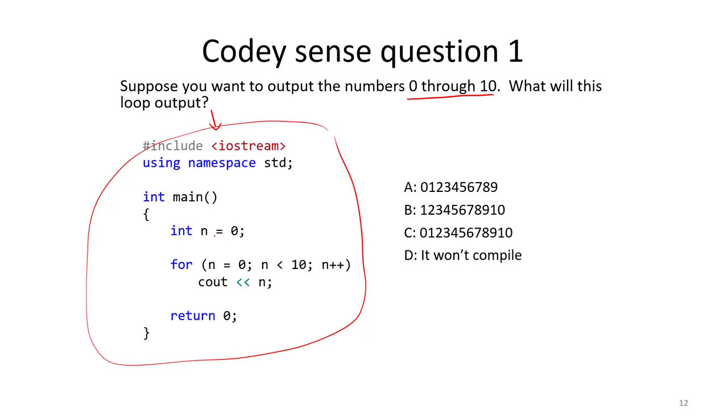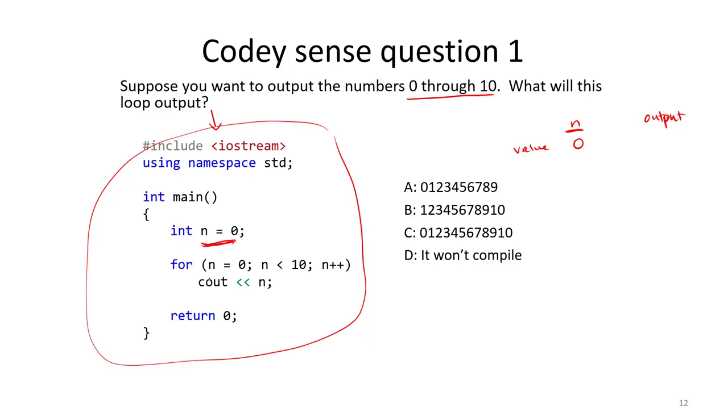All right, well, let's take a closer look at this code and see what happens. We've declared this counting variable named n, and n is initially 0. I'll just write the value here. And let's keep track of what output we're going to get to the screen.